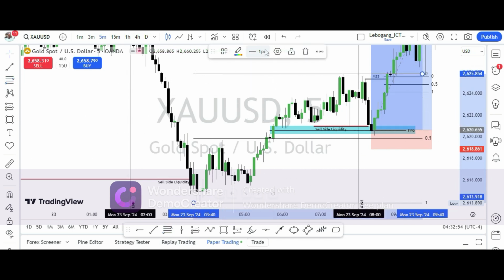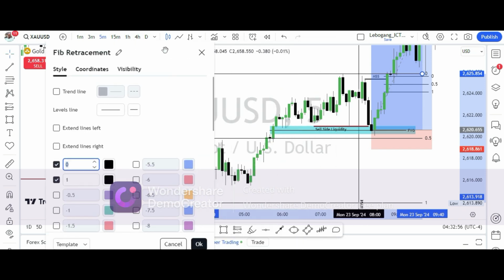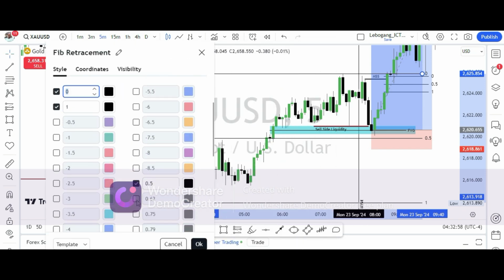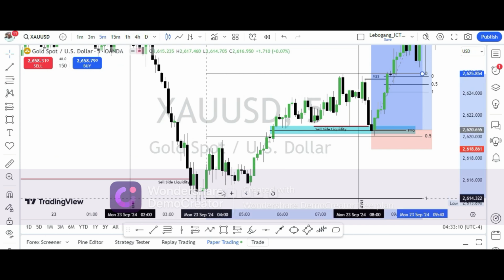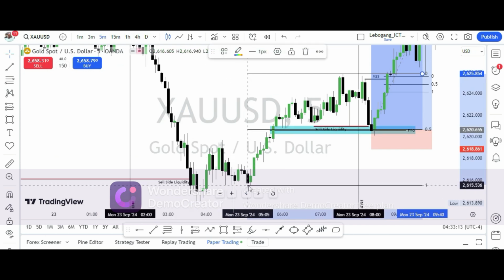When we measure this movement, we are going to look for a 50%, no, 25%. I'm using this wrong. We need to use this area, because it's where the buy program started.